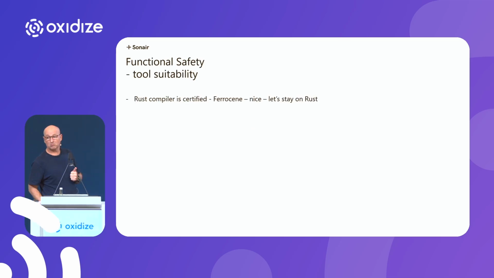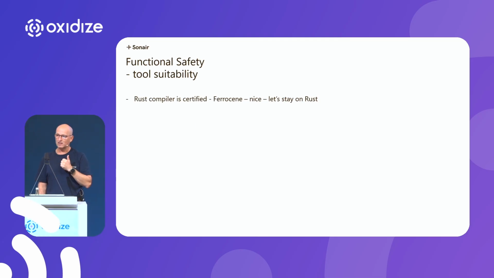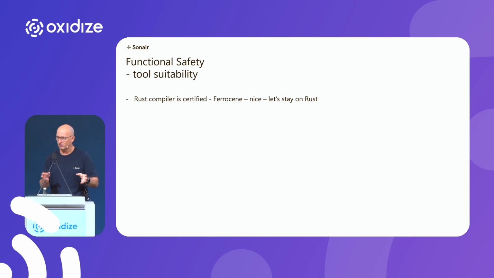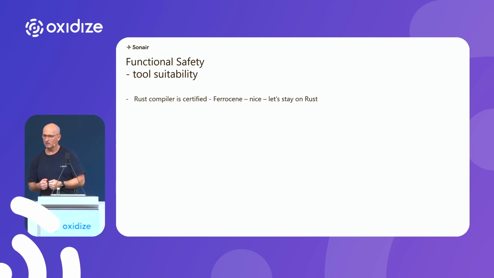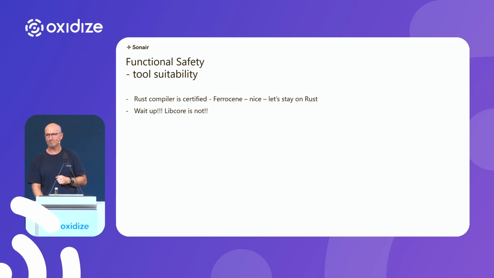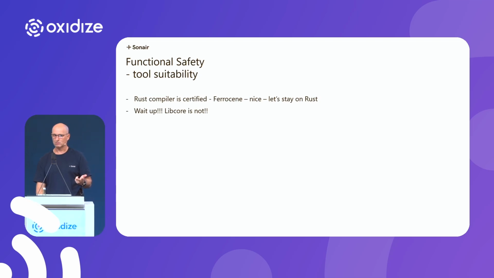So at this point, the Rust compiler was out, Ferrocene had delivered. When we started, it was a bit of a leap of faith. There were promises that they would. At this point, they had. Great, we can do this. Wait, libcore isn't certified. So I have a compiler, and I'm going to write code, but I can't use libcore.